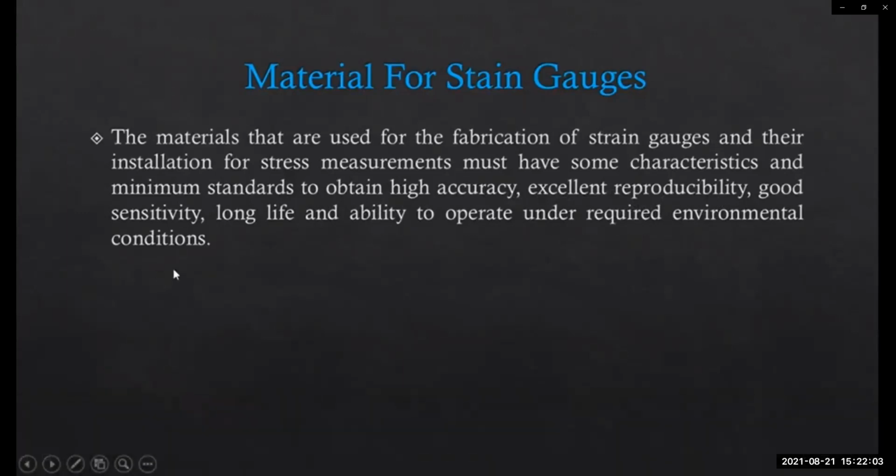So our measuring device should be very reliable. It has some good characteristics and minimum standard to obtain high accuracy. So accuracy should be high and excellent reproducibility. The reading should have good sensitivity, so a small amount of change in input can be sensed at the output. Then long life and its ruggedness regarding the environmental conditions.